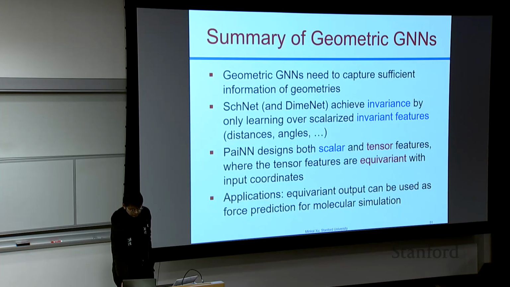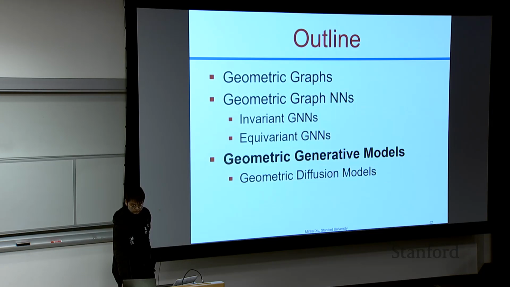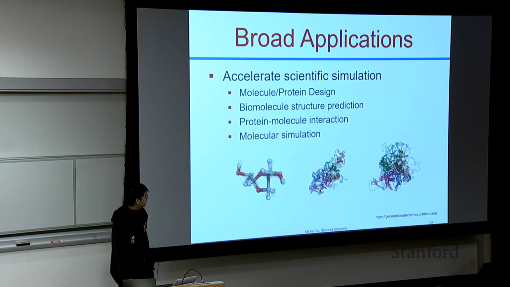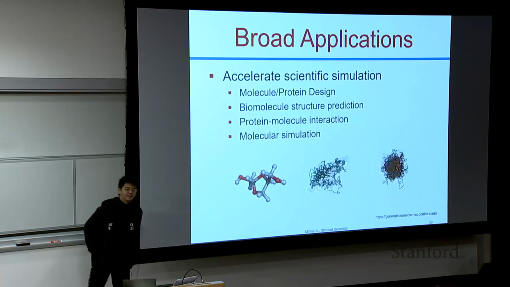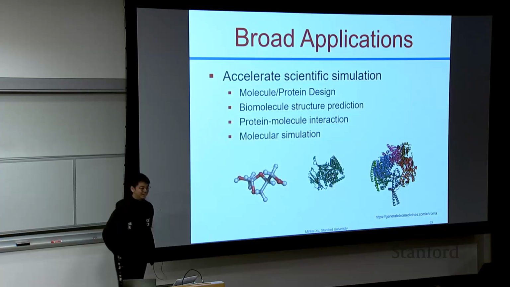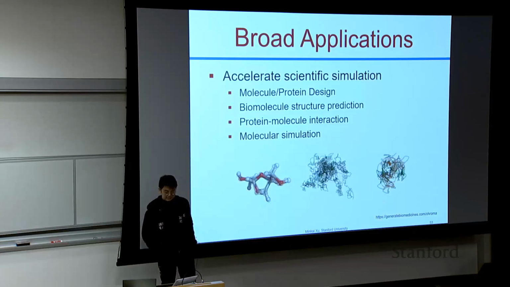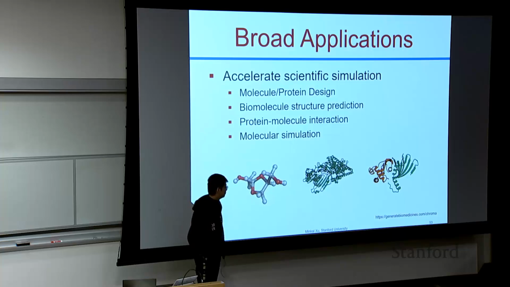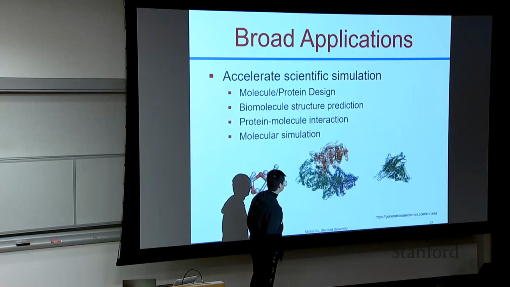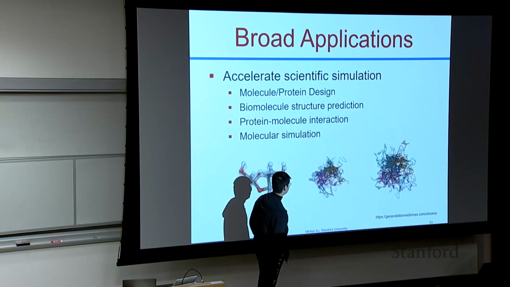Okay, considering the time, maybe skip this summary and begin to introduce the most recent progress of fancy demos of the geometry generative model. There is really a lot of exciting progress in protein design and in pharma companies.